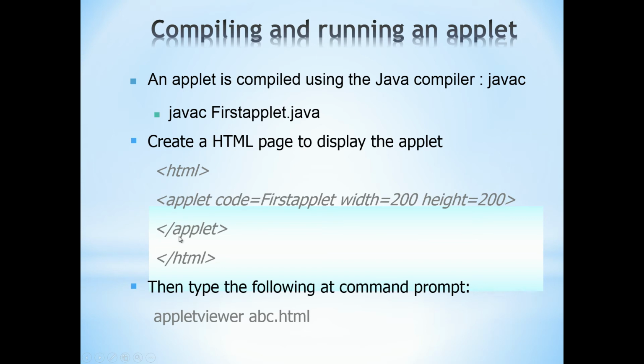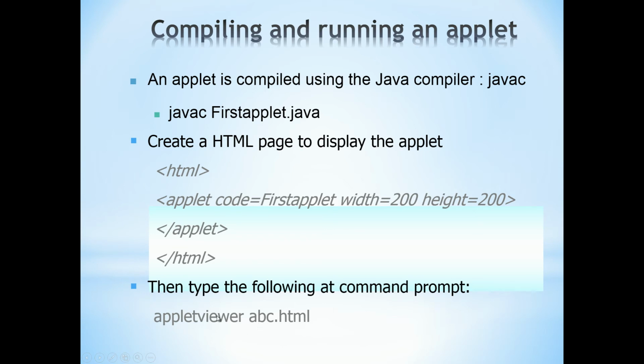After that, this tag is closed and HTML is closed. You can also write this code inside your .java program. We will see both ways, by creating a separate file as well as by including this code in our Java program.